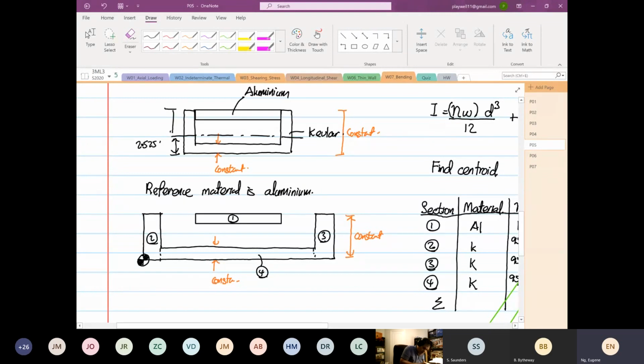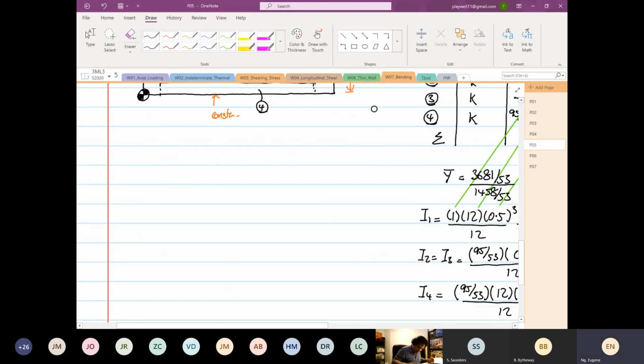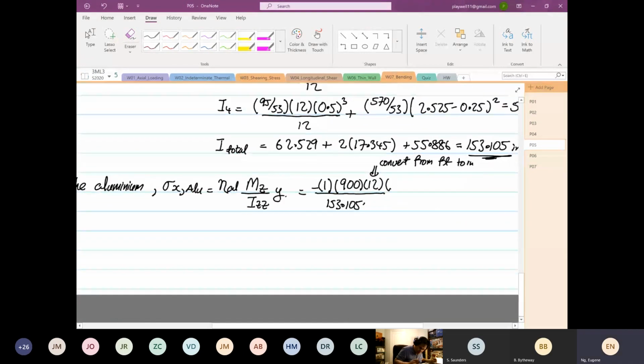So the top part will be equal to 6 minus 2.525, which is equal to 3.475. Remember, depth did not change. So multiply by 3.475.